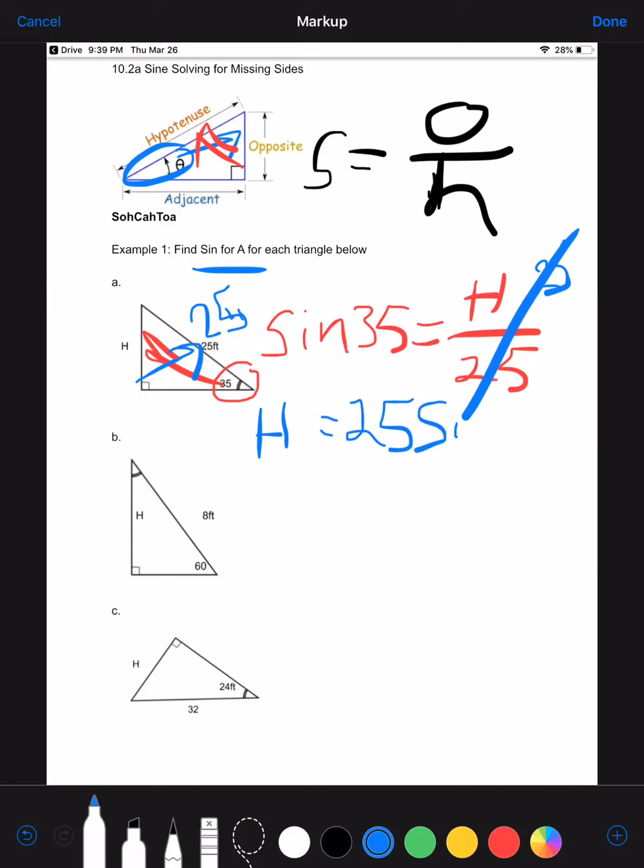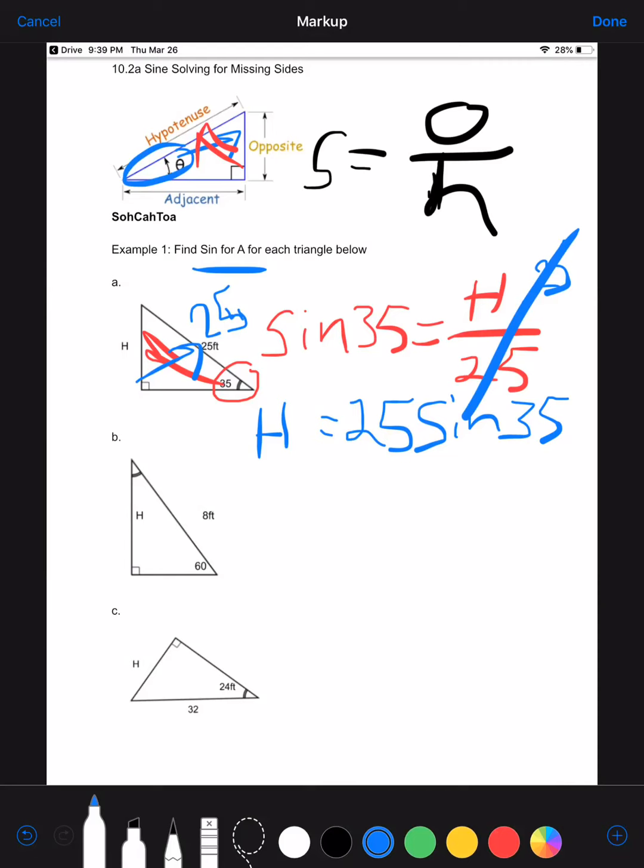So 25 sine 35. Because when you go to plug it into your calculator, which, by the way, when you're doing these, you need to make sure that it is set in degrees rather than radians. Your calculator should already be set up in degrees, but just double check.